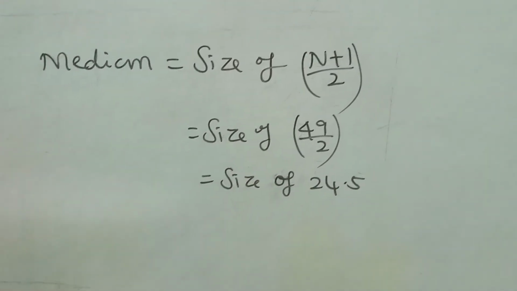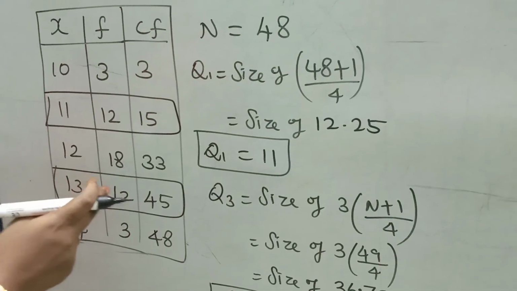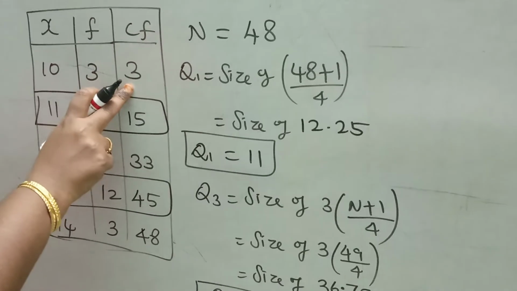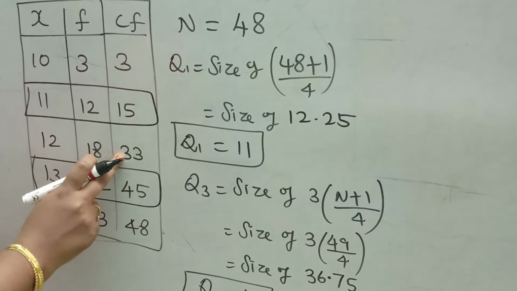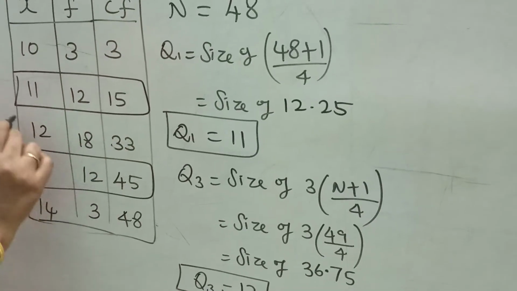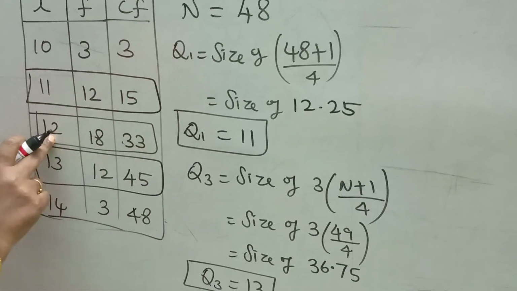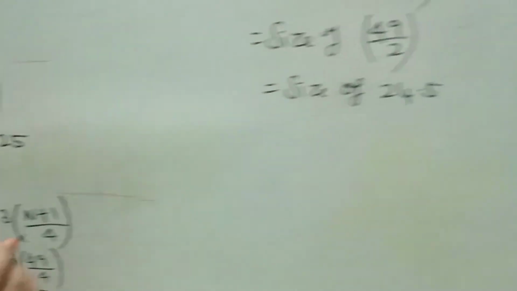Look at the tabular column. Which number is greater than 24.5? 3 is less than 24.5. 15 is less than 24.5. 33 is greater than 24.5. Therefore, our median is 12. Median equal to 12.